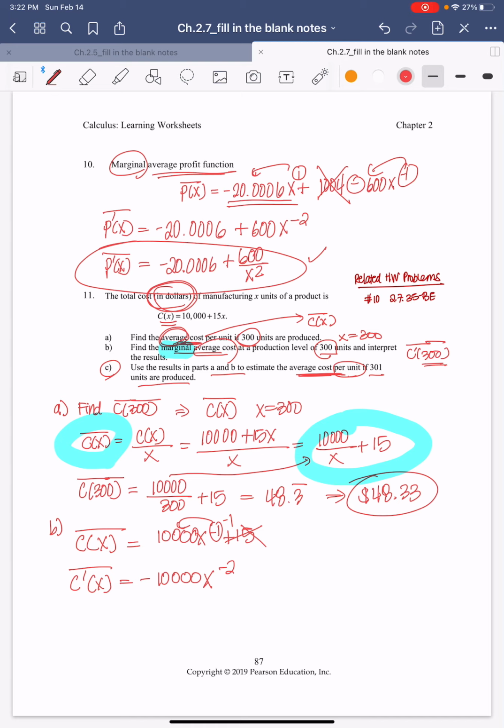And what are we going to do? All we have to do now is plug in 300. So negative 10,000 times 300 to the negative 2. Let me put that in the calculator.